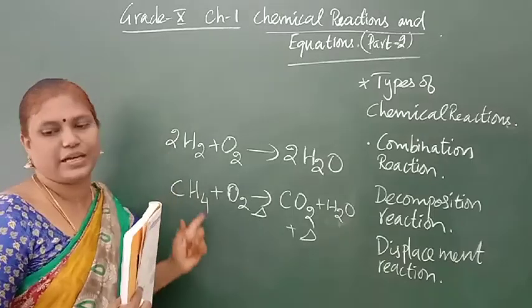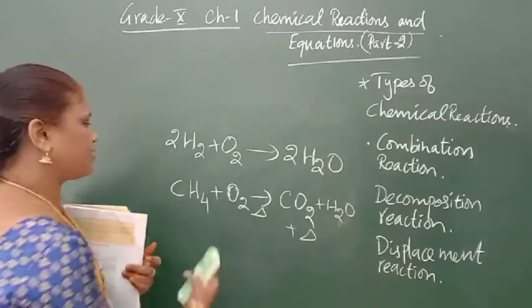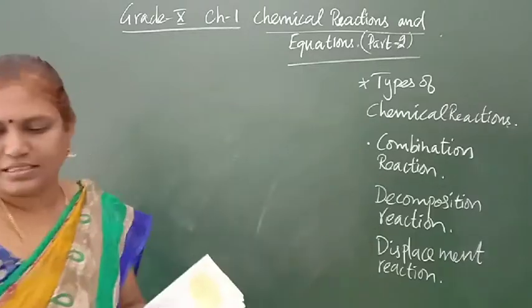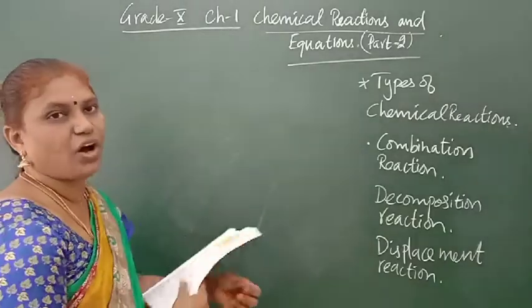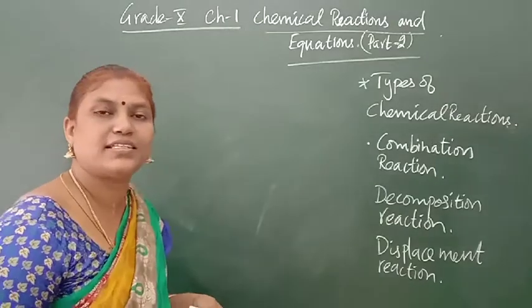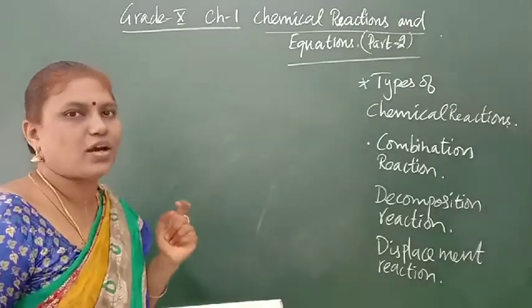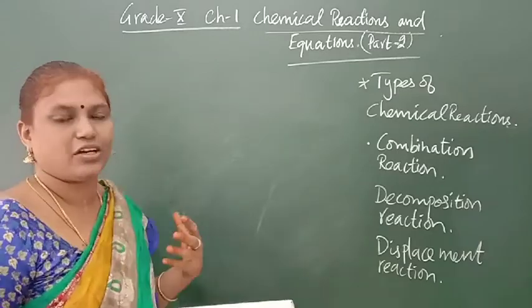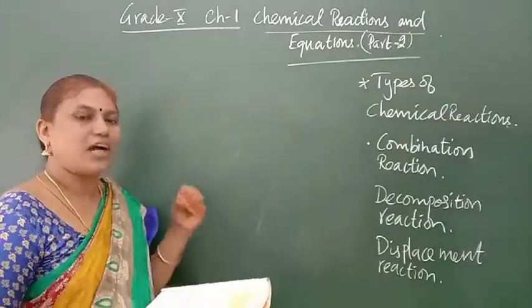These are a few examples, and one more example is glucose. What is glucose? It is a carbohydrate. Why is it called a carbohydrate? If the 3 elements carbon, hydrogen, and oxygen are present, the compounds are called carbohydrates.